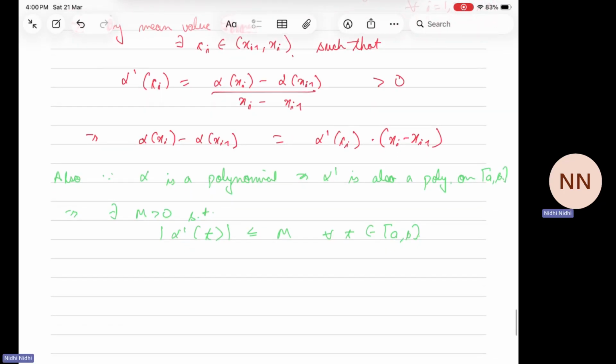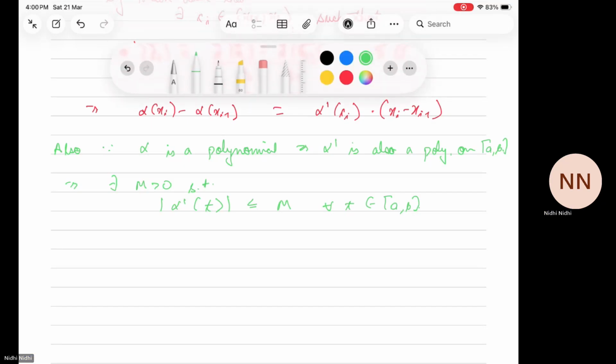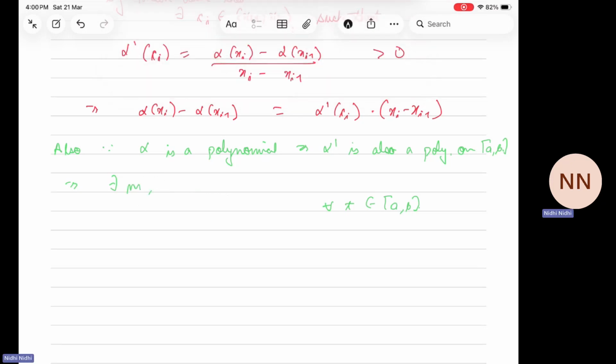Or instead, since I need the infimum, I'll write this to be: there exist small m and capital M positive such that small m is strictly less than alpha dash t, strictly less than M. Now, how can I say that the small m is positive? That is because our function alpha is strictly increasing.